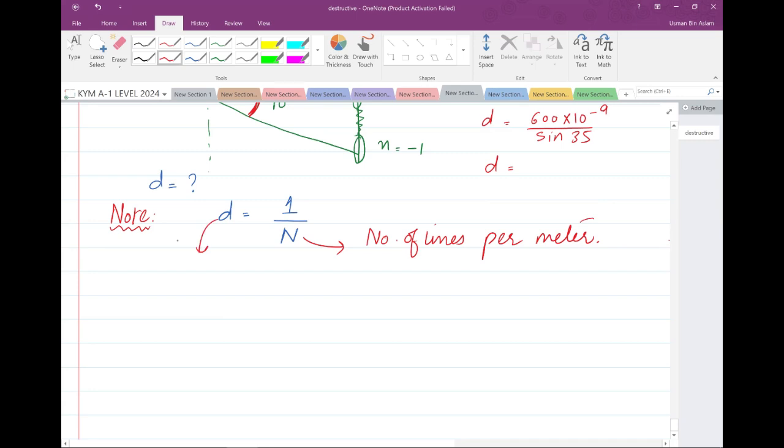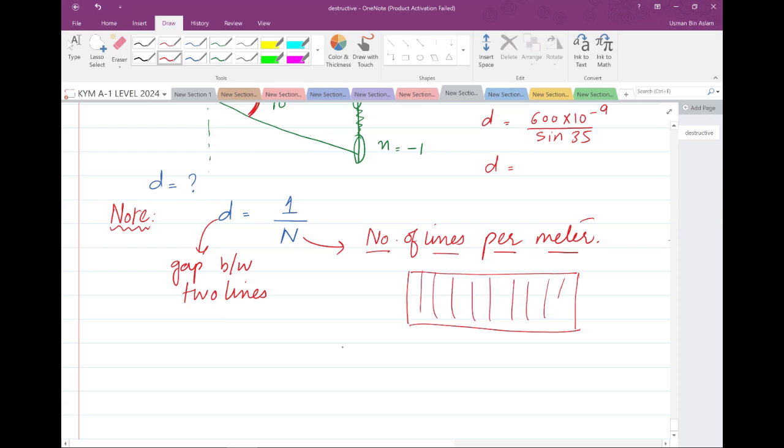D is the gap between two lines, and N is the number of lines per meter. That means how many lines are present on 1 meter of that glass strip.